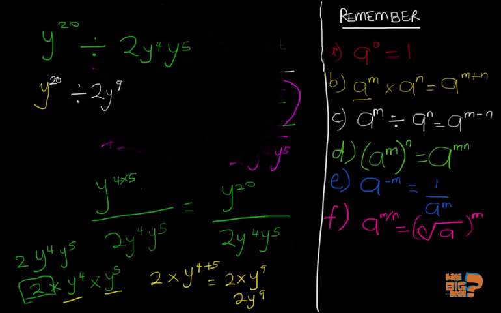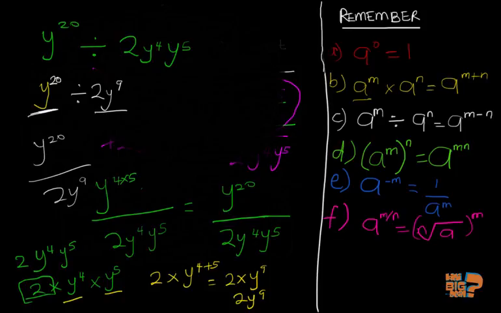Now, look at the law C, which is why I'm writing this in white ink. If you're dividing a raised to power m, let's assume this is y raised to power 20, divided by a raised to power n, what do we do? We subtract the indices. Of course, you can always write it as y 20 divided by 2y raised to power 9.